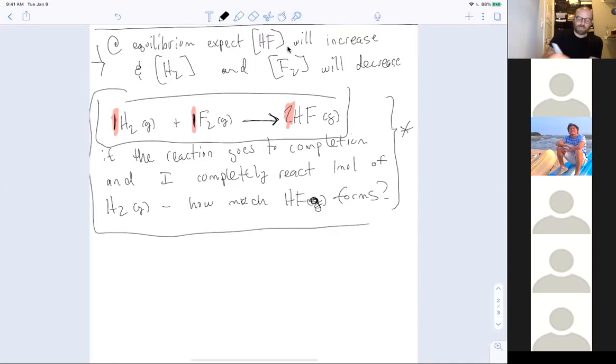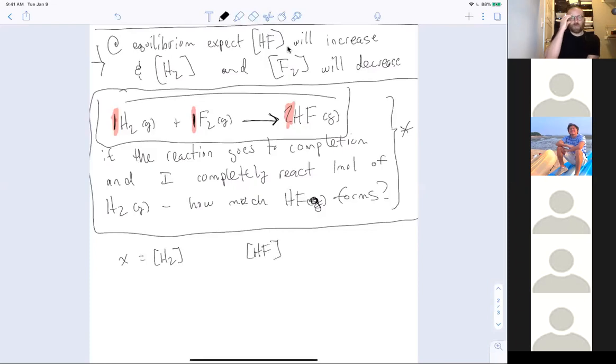This is not necessary to solve the problem; it's more for how to think about where these variables come from. So if I have X moles of H2 gas, and let's say I react X completely, how much HF do I form?